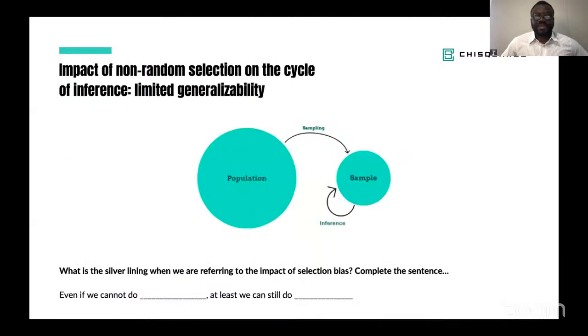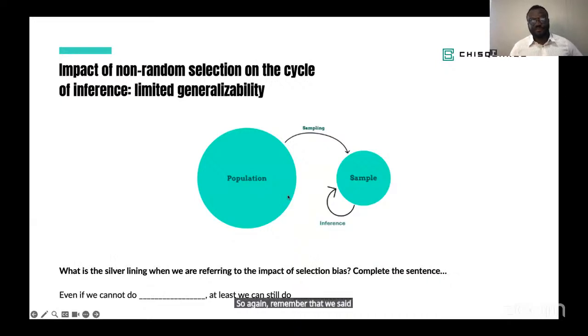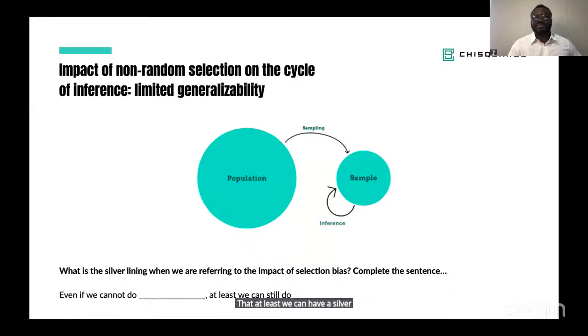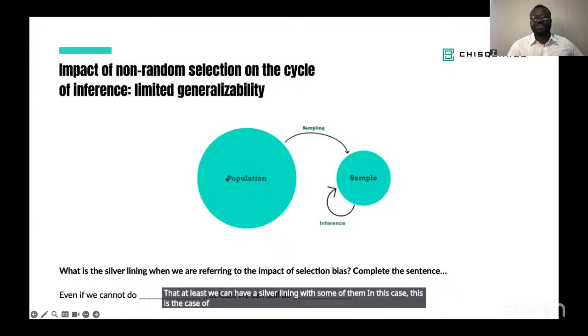So again, remember that we said the three children of epidemiology are measurement bias, selection bias, and confounding bias, and that at least we can have a silver lining with some of them. In this case, this is the case of selection bias, where we drew a sample from a population, but people left in a way that was non-random, right?